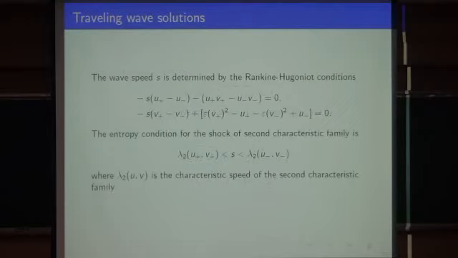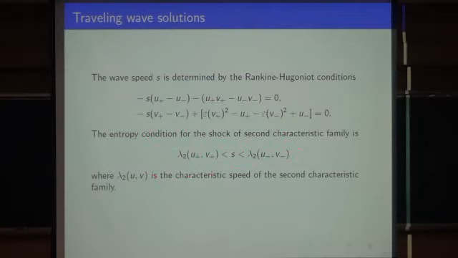Because we have a pair of conservation laws, the left and right states satisfy the Rankine-Hugoniot condition. I think Baye talked about the shock wave earlier. So this is the shock wave condition that the left and right states must satisfy. And in order for such left and right states to be connected as a viscous profile, the speed must satisfy what we call the entropy condition.